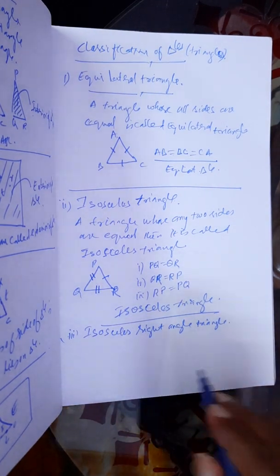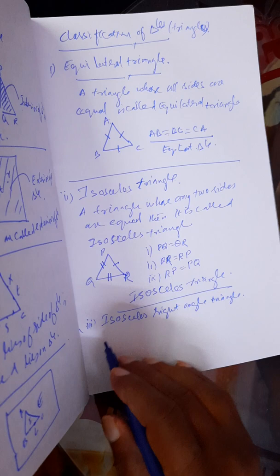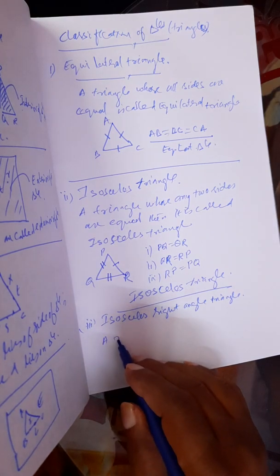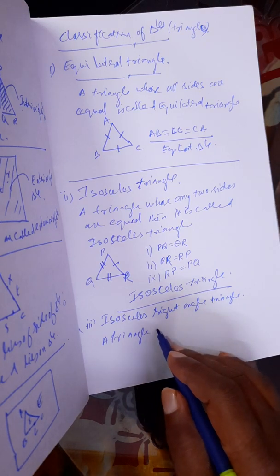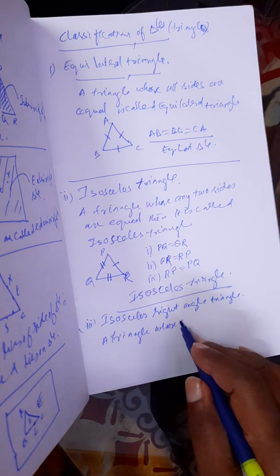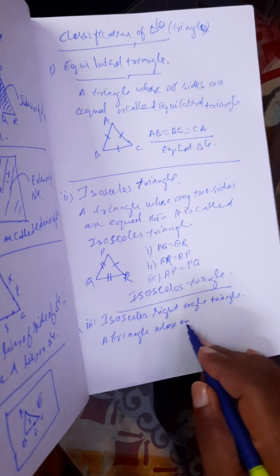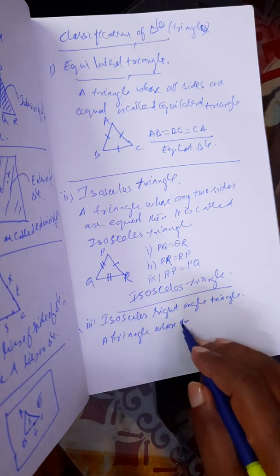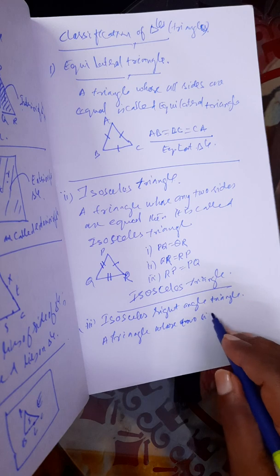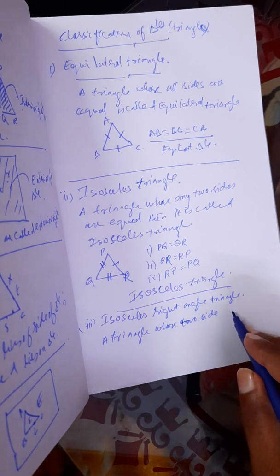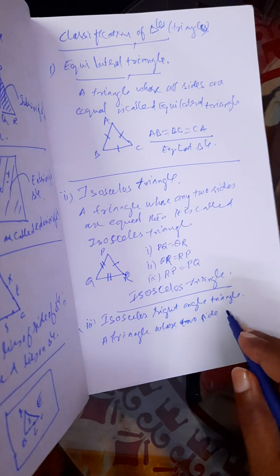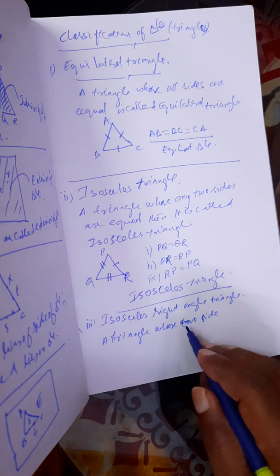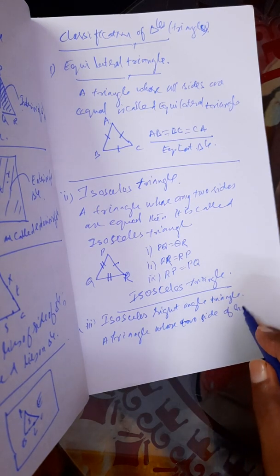Isosceles right angle triangle is what? A triangle whose any two sides are equal, two sides including the 90 degrees angle, two sides of a right angle triangle.